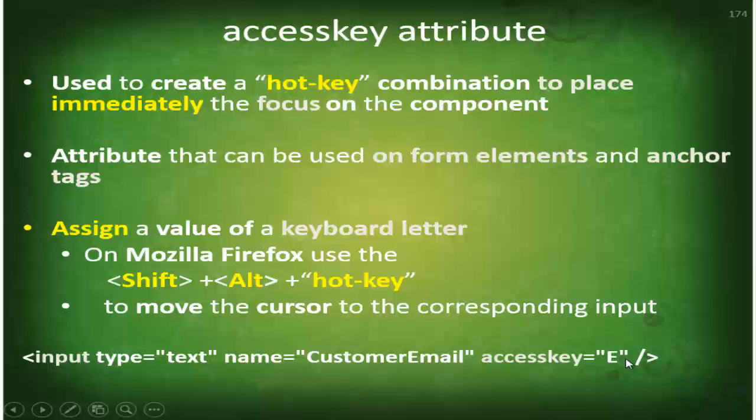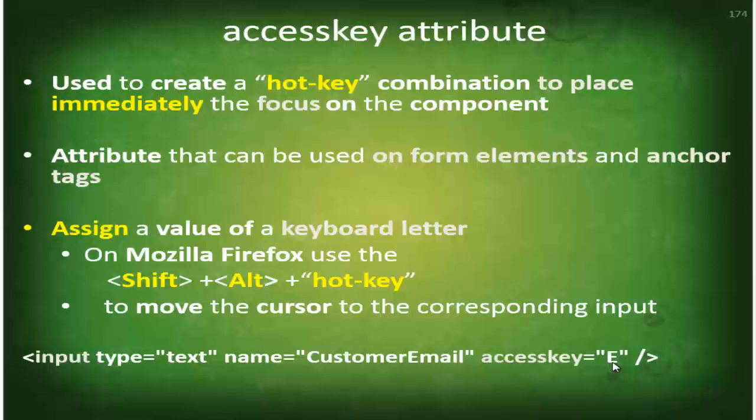However, there is a small problem with the browser, Mozilla, that is Firefox. You will have to use Shift, Alt, and the hotkey. For example, the access key specified here is E. If you want to access that input button, then the user has to use Shift, Alt, and E. When you press Shift, Alt, and E, this particular input box will be automatically selected.